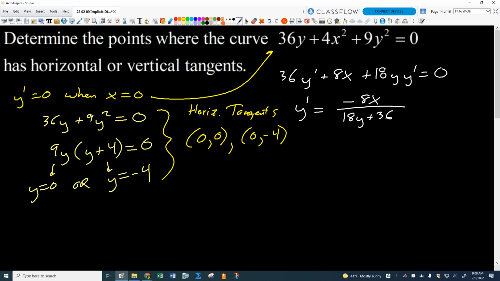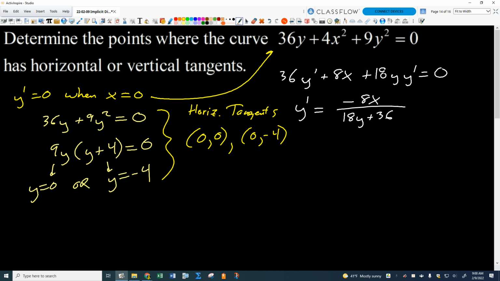We'd have an undefined slope when we had a number divided by 0, because we can't divide by 0. And think what that corresponds to. Going back to our limit stuff, if we took a limit as the bottom approached 0, we'd be getting an infinite slope. It'd be positive or negative infinity, so that would give us our vertical tangent line, right? But really, all you got to think about is just 0 on the bottom is undefined, right?